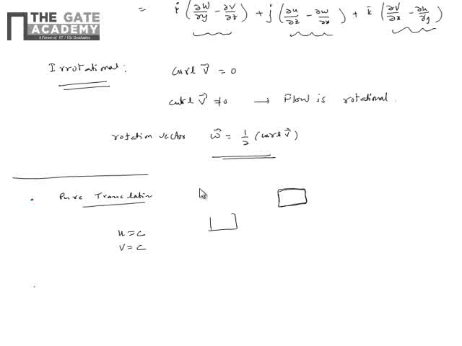That is pure translation. And then you can have linear deformation when u varies with respect to x. It may just stretch out. That means u is a function of x, so linear deformation may happen.